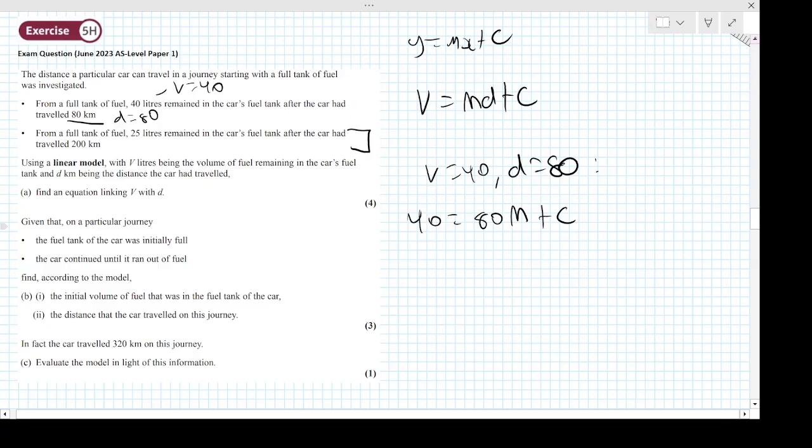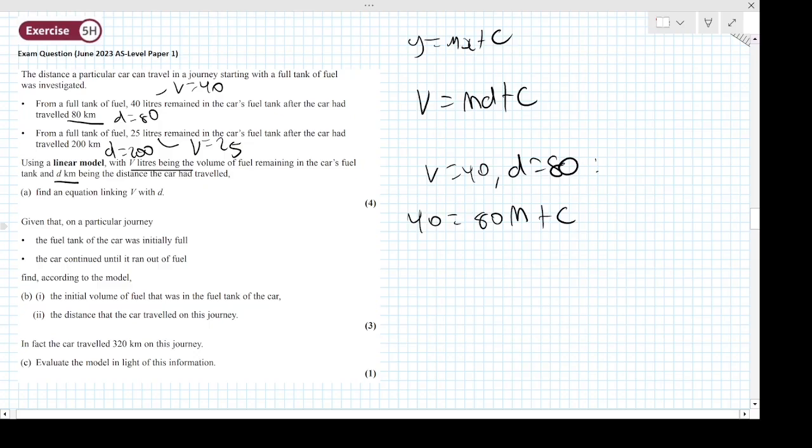In this second bullet point, from a full tank of fuel, 25 litres remained. So that's when V is going to equal 25, the volume of fuel left, after the car travelled 200, so D is 200 kilometres. And again, underline your units here. That's why I underline it.